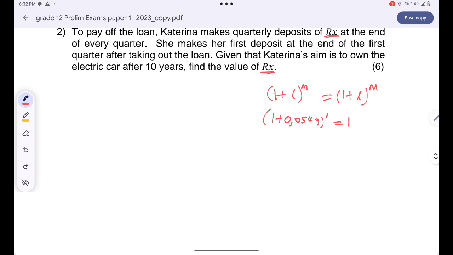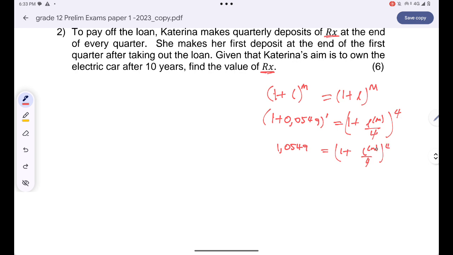So this is 1 plus our nominal interest that we want, divided by 4, all raised to the power 4. Right, together. And then on the left hand side, I'll simply have 1.0549 equal to (1 plus i to the power m over 4) all raised to the power 4.